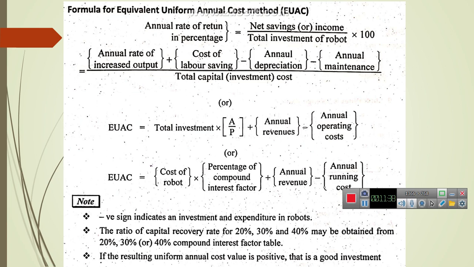Another formula of UAC is the cost of robot into the percentage of compound interest factor plus annual revenue minus annual running cost. We note that the sign indicates investment and expenditures in the robot. The capital recovery at 20%, 30% and 40% may be obtained from the compound interest factors in the table. If the resulting uniform annual cost comes out positive, that is a good investment.